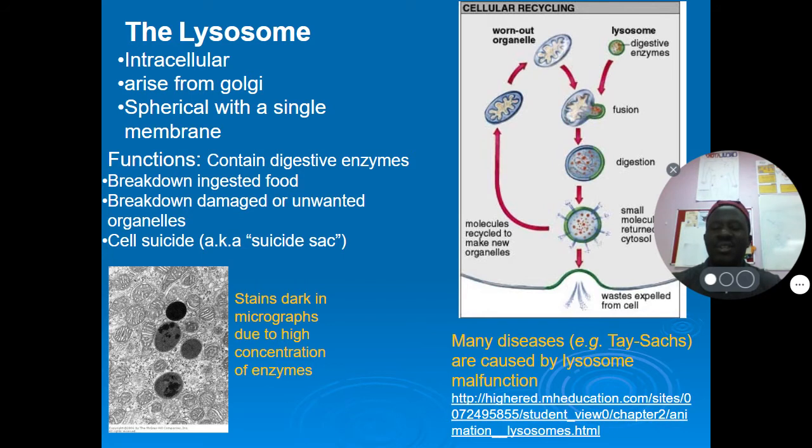When you don't have lysosomes functioning well, you develop different complications. You can go and check much about the complications that may develop as a result of lysosomes failing to break down worn out cells or worn out materials.